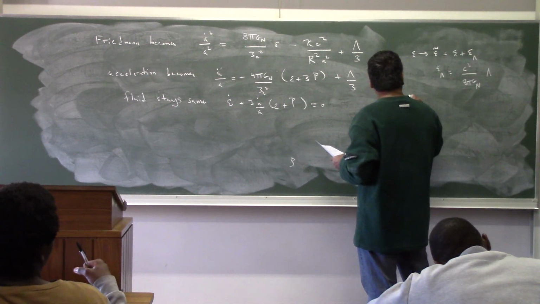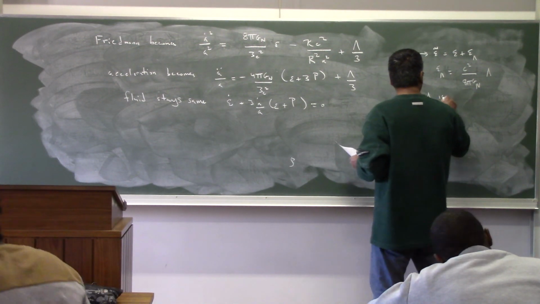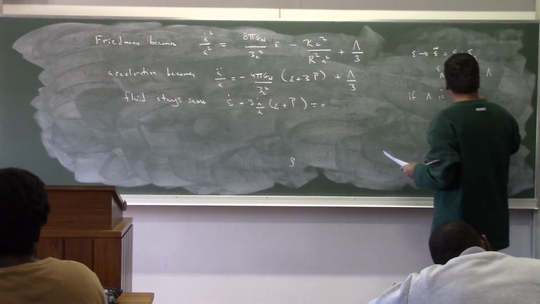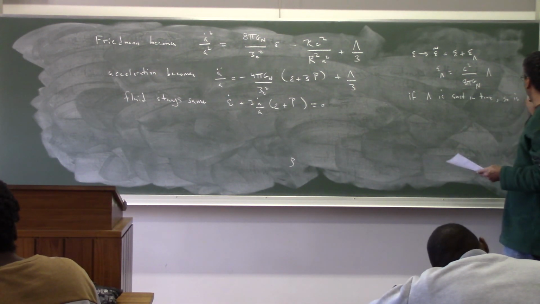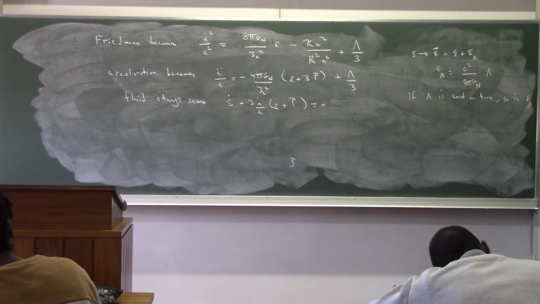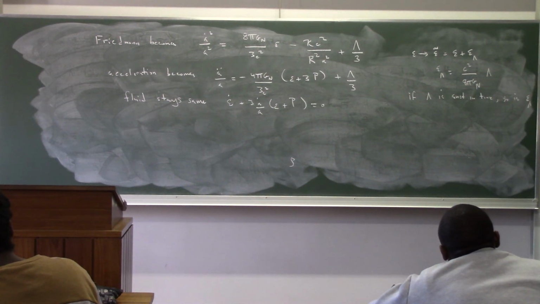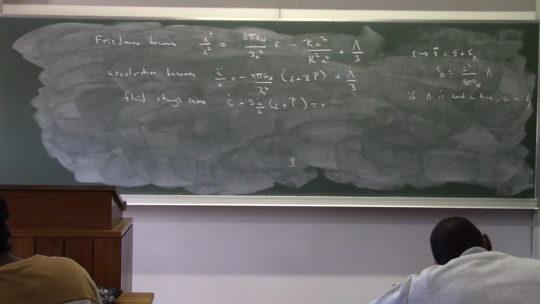So if lambda is constant in time, so is epsilon lambda, because it's just multiplied by a prefactor, c squared over 8 pi G Newton.